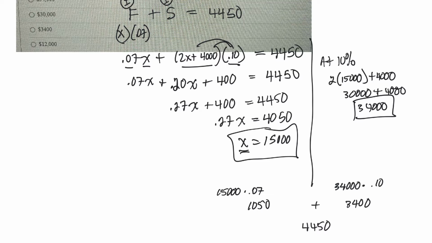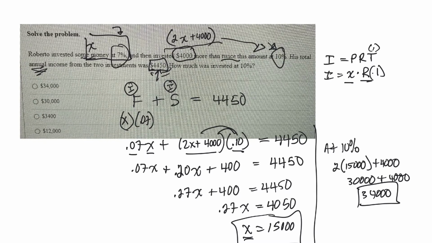And there's lots of different ways you could have done it. Maybe let me just go back. Initially what I could have said is, let me just erase this. Another way I could have said it, I'll do this in red. I could have said, well, this one is X, so you have a certain amount of money invested at 7% plus, and I could have called this one Y. So X plus Y is equal to your 4450.